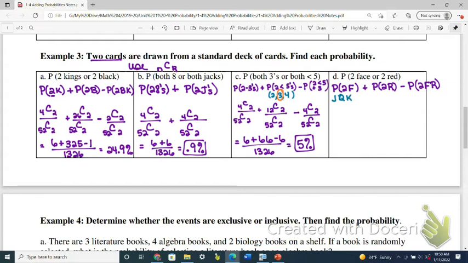There's 4 of each of those, so that is 12 choose 2. Red cards, I have 26 of those, 26 choose 2. And for two red face cards, half of these were red. So the other half were black, so that means I have 6 red face cards. So 6 choose 2.